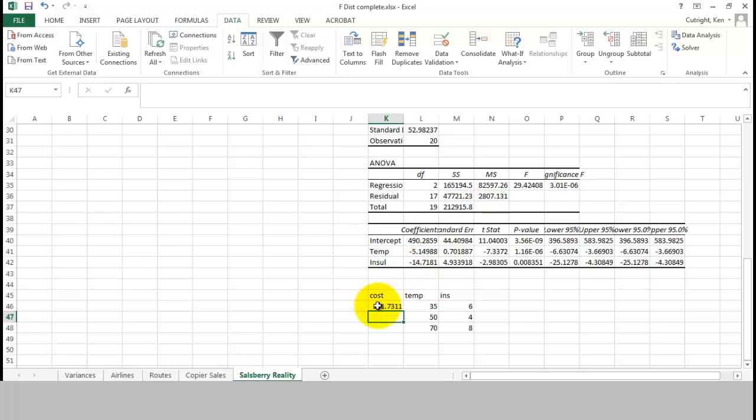And I get the estimated heating cost, and then I can drag this down for the other two cases.